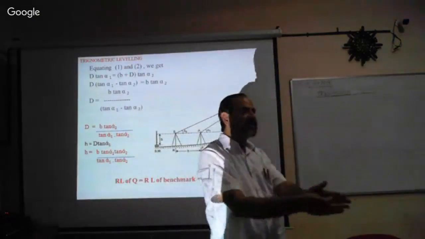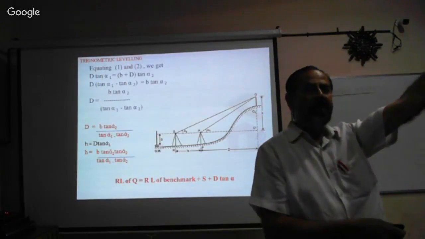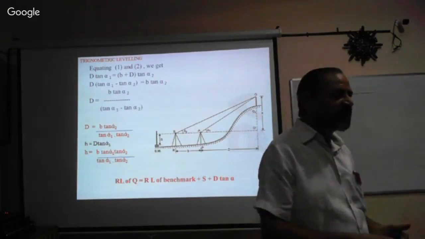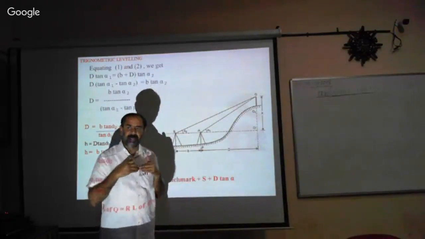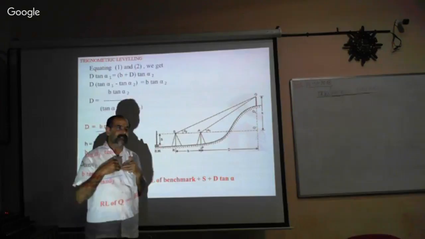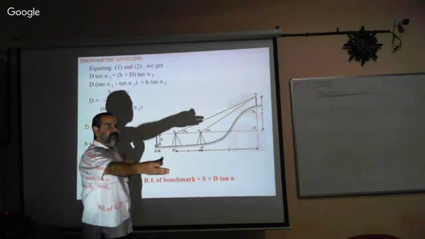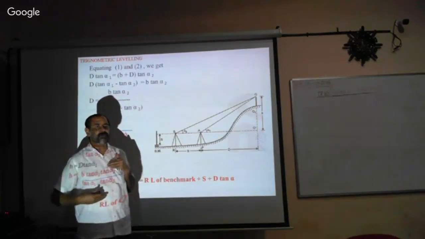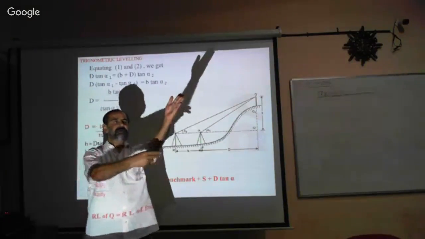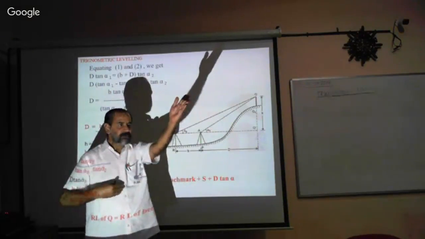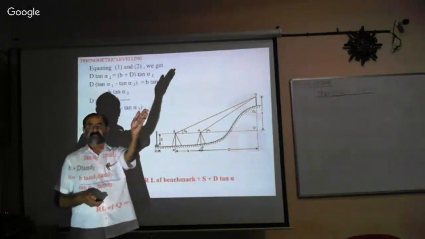The first instrument station is far away from the object, and then you need to move the instrument to the second station at a convenient distance. This is station 1, and this is station 2, and where is the object? Please remember: station 1, station 2, and the object.